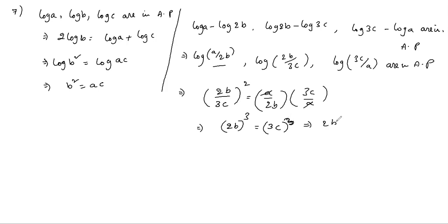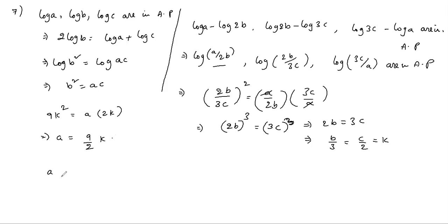So 2B equals 3C. From this you can write B by 3 equals C by 2, that into K. So B equals 3K, C equals 2K, and 9K square equals A into C. C value is 2K, so A equals 9 by 2 into K.